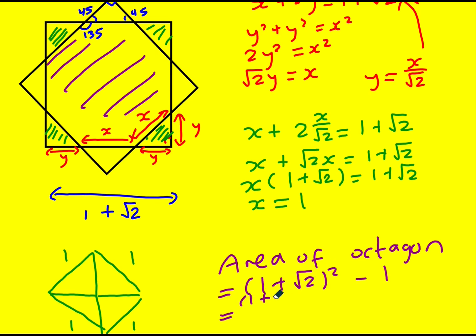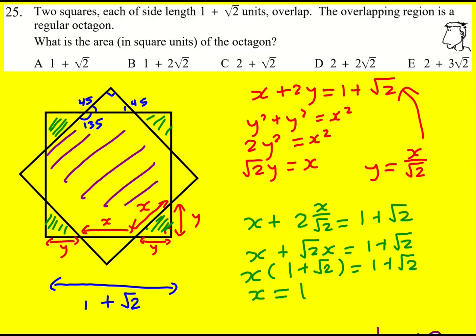This is actually 1 plus root 2 times 1 plus root 2. So we'll get 1 plus 2 root 2 plus 2 minus 1. The 1 and minus 1 cancel, leaving us an answer of 2 plus root 2, which gives us, I was about to say C, but no, 2 plus 2 root 2 gives us D.